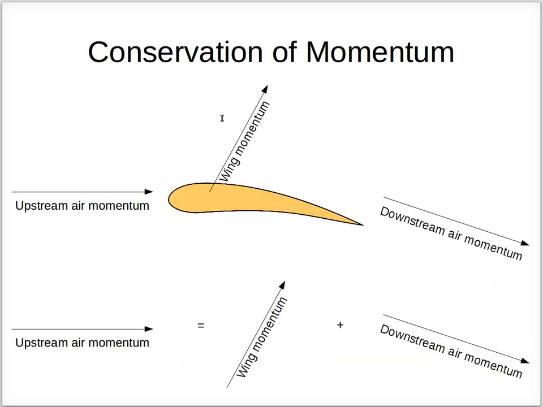So first let's take a look at the conservation of momentum. Here we have upstream air momentum. Some momentum is transferred to the wing, and this transfer affects the air momentum after it has touched the wing downstream.